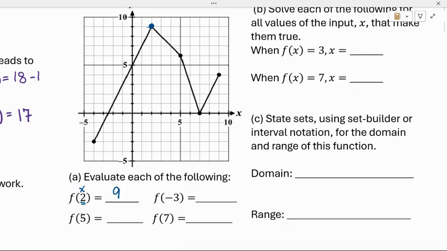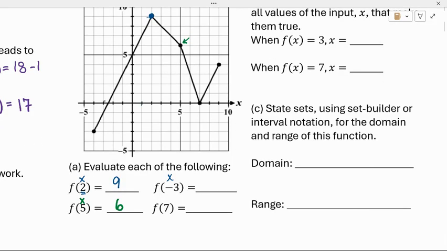When my input is 5, when I let x equal 5, what is my output? Owen? 6. Good job. Brianna, I'm coming to you. When my input is -3, what is my output? So here's -3, -1, 2, 3. What is my output?